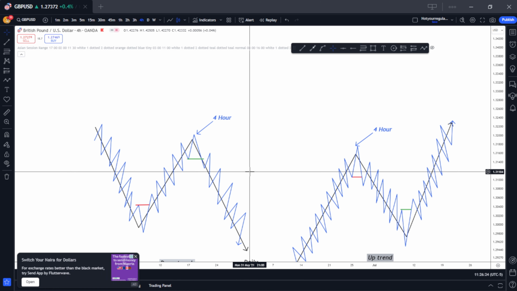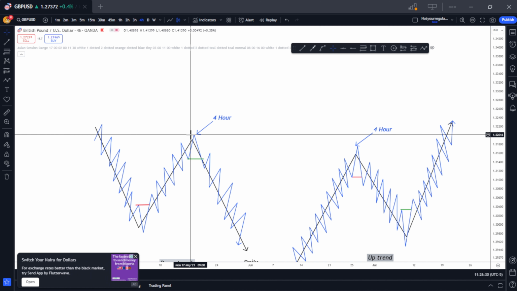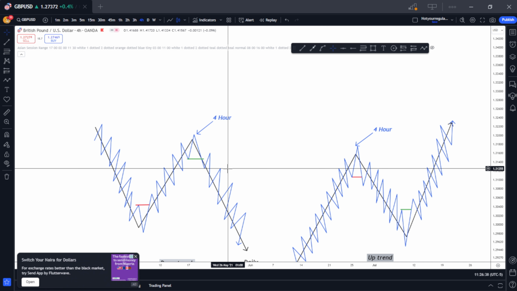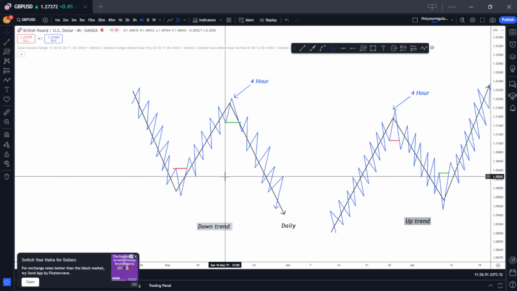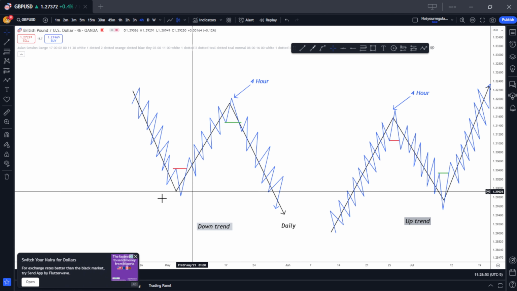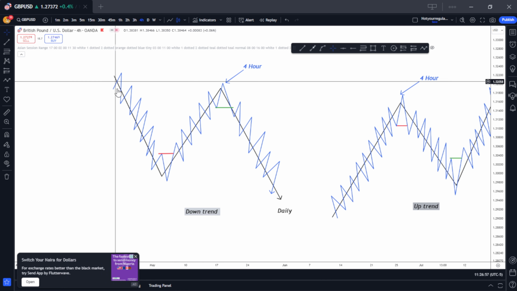We need to know that the higher time frame pullback, that is our daily pullback, is caused by internal lower time frame structure. You need to understand that. That is, after a lower time frame BOS, for example, now we are in a downtrend here.